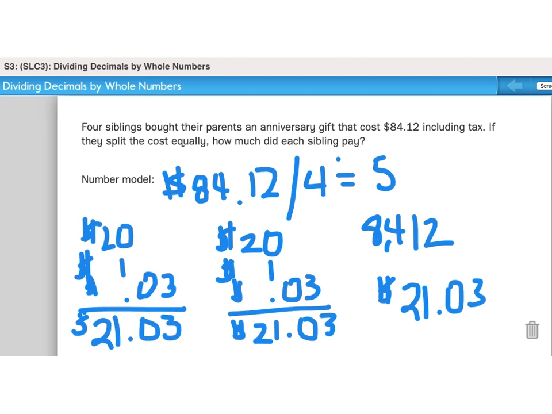Now, when we solve problems involving money, we work with decimals that are in a real-world context. When they evenly distribute money in the math message problem, we solve the decimal division problem, 84.12 divided by 4. Remember that in the last few lessons, we have learned that multiplying decimals, we had 2 strategies we could use.